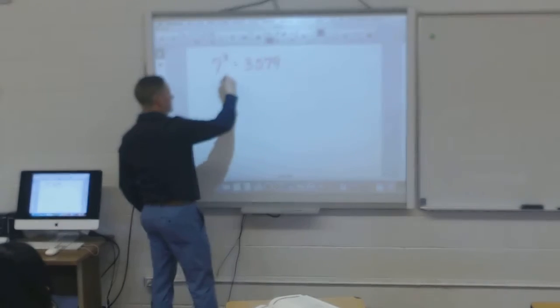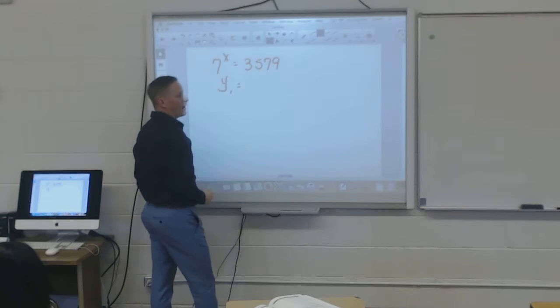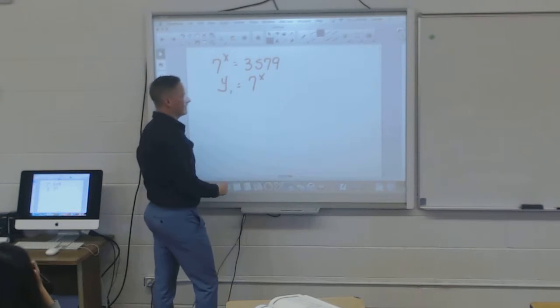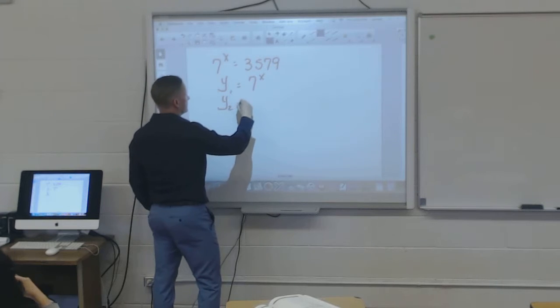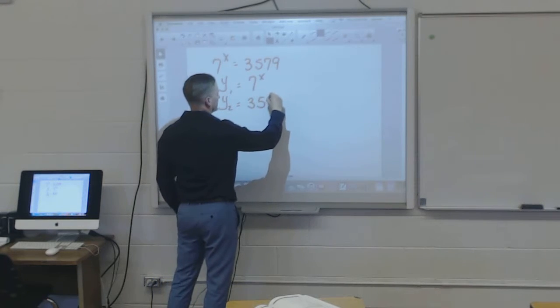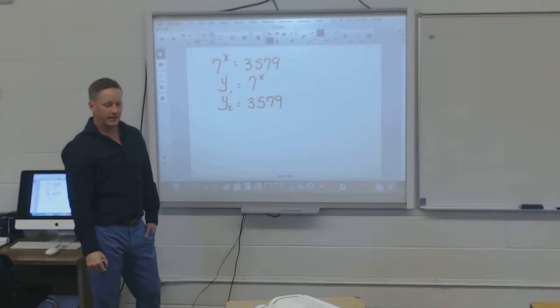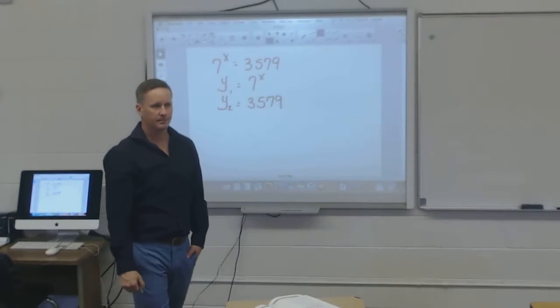So what you're going to do is graph y1 is equal to 7 to the power of x, y2 is equal to 3,579. And you need to find the intersection point of those two.